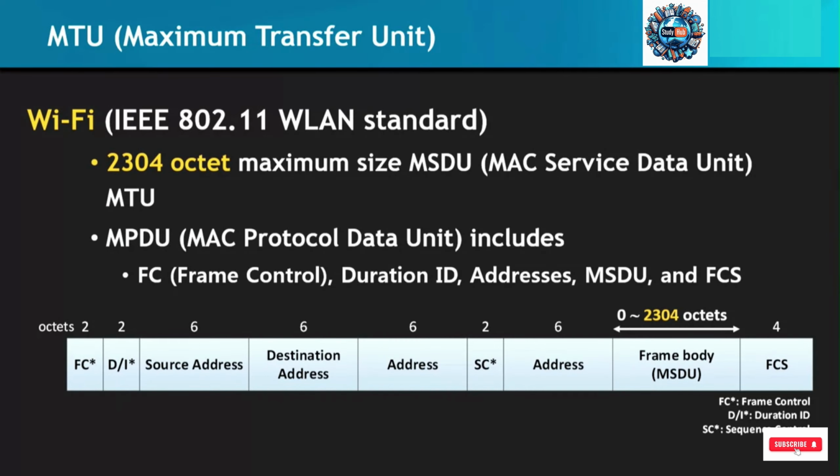In the part written as frame body, it can be a length of 0 to 2304 octets, and that's where the IP packet will need to fit in. So in this case, the IPv4 or IPv6 packet that goes into a Wi-Fi frame will have a maximum transfer unit, MTU size, of 2304 octets.